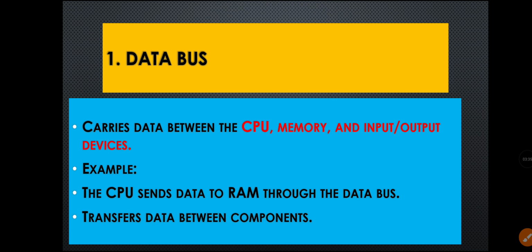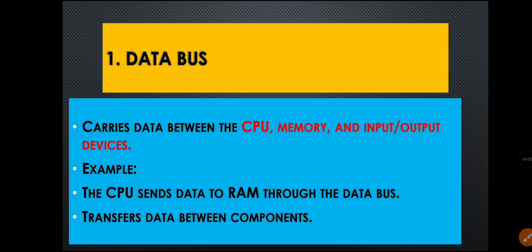What is the meaning of data bus? Data bus, as the name itself suggests, is for data. It carries data between the CPU, that is central processing unit, memory, and input or output devices. So the data bus duty is what? It passes data between CPU, memory, and input output devices.